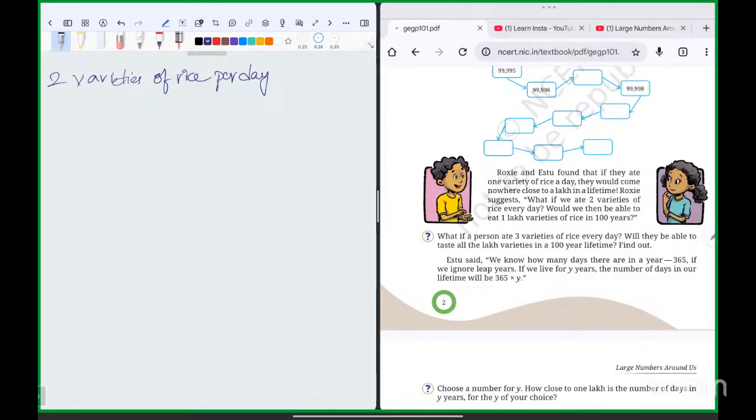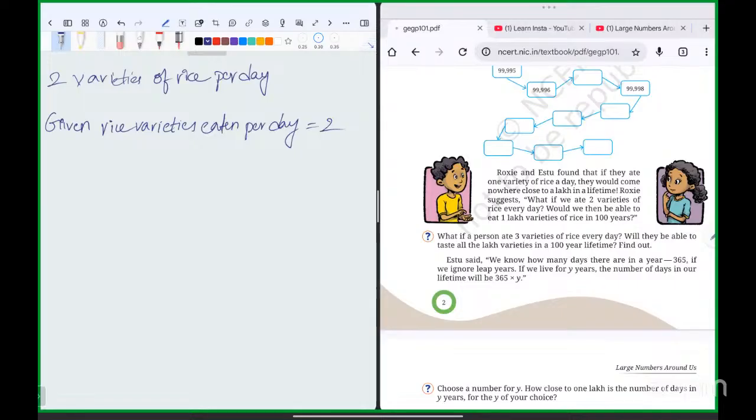First, what is given for us? The given is rice varieties eaten per day. How many rice varieties they have decided to eat per day is mentioned in the question. They ate two varieties of rice every day. So the given rice varieties eaten per day is equal to 2.